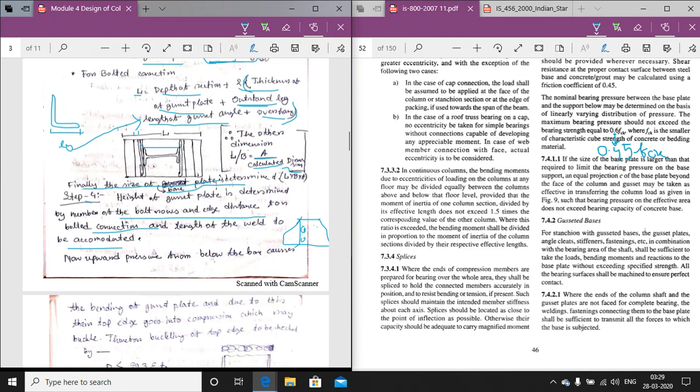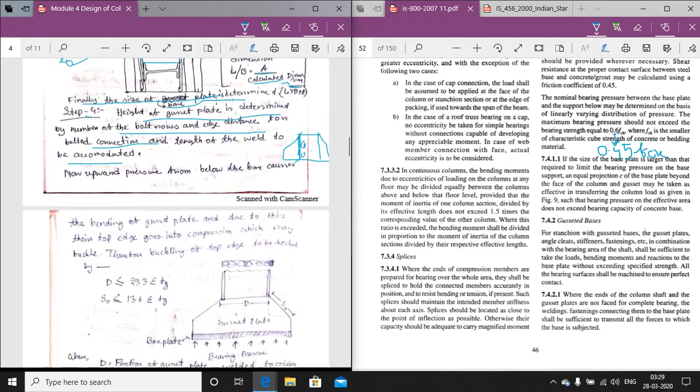And for a welded connection gusset plate, the height will be calculated depending upon the length of the weld provided. That has been written here. Height of the gusset plate is determined by the number of bolt rows. Consider there are 3 bolts, 4 bolts, and for a welded connection, the length of the weld to be accommodated.